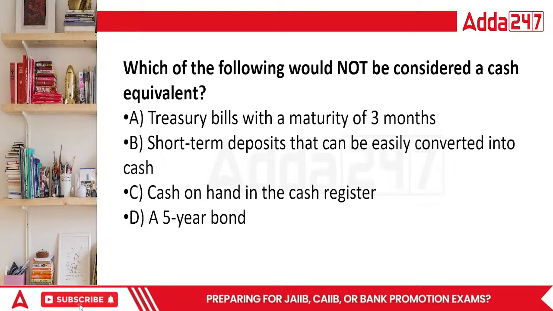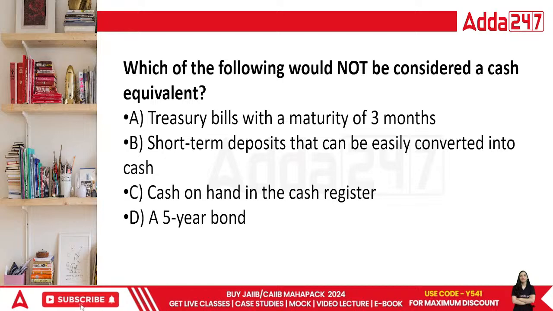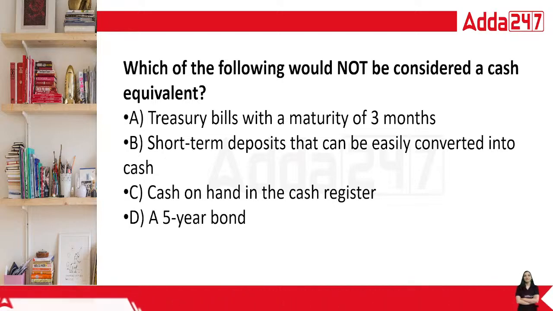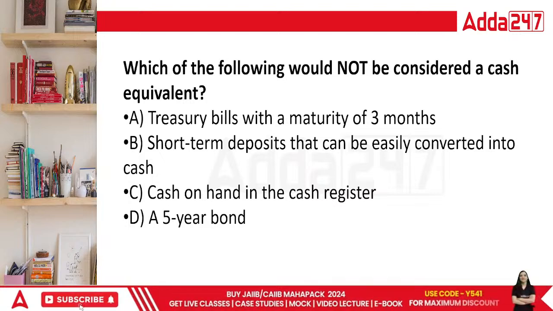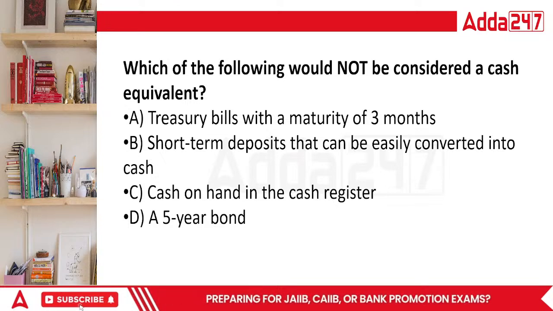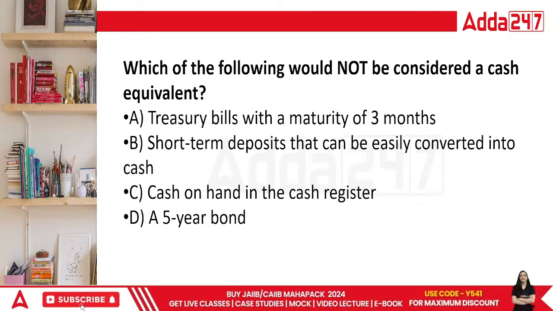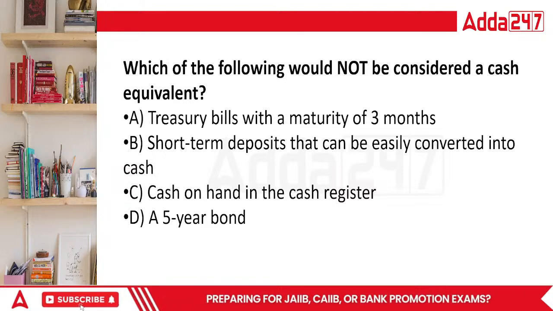Which of the following would not be considered as a cash equivalent, everyone? T-bills for 3 months, short-term deposits that can be easily converted into cash, or cash on hand or in the cash register, or a 5-year bond.